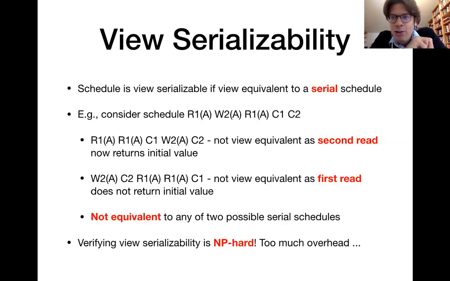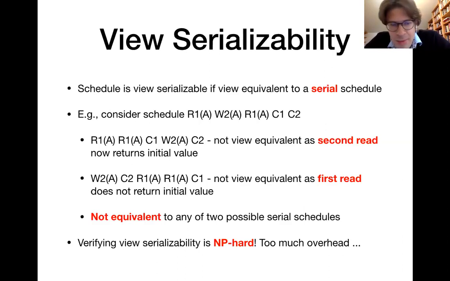So either we could have the first transaction execute first, followed by the second transaction. But this serial schedule is not view equivalent to the schedule that we are analyzing, because the second read of object A, in one schedule, reads the value written by the second transaction. In the other schedule, it reads the initial value. So that violates one of the three conditions.